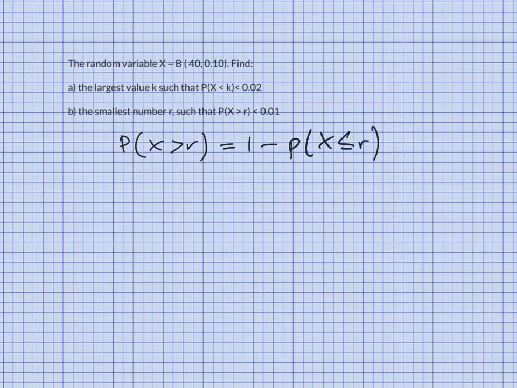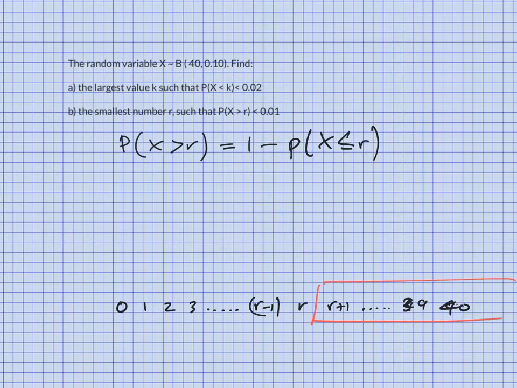Let me just quickly go over that. If we got 0, 1, 2, 3, dot, dot, dot, r minus 1, r, r plus 1, dot, dot, dot, 39, 40, because we're only going up to 40 this time. We want to find all the bits where it's strictly greater than r.